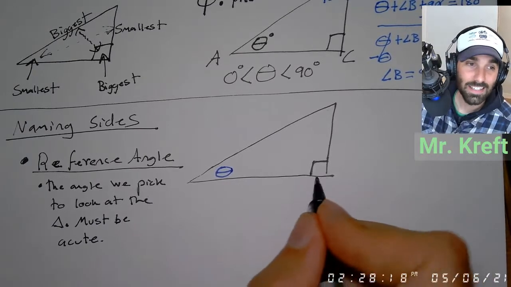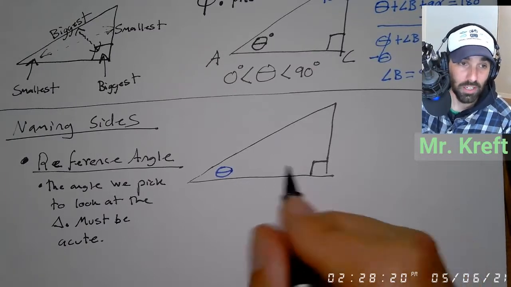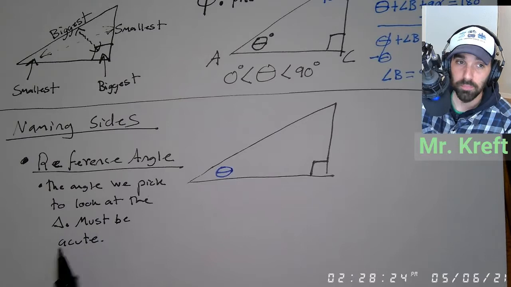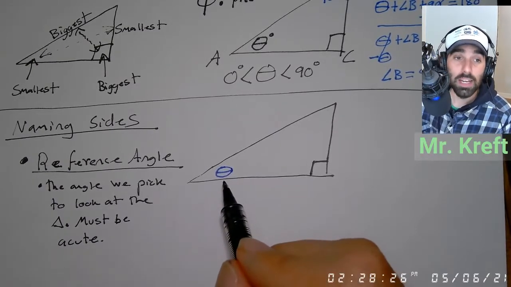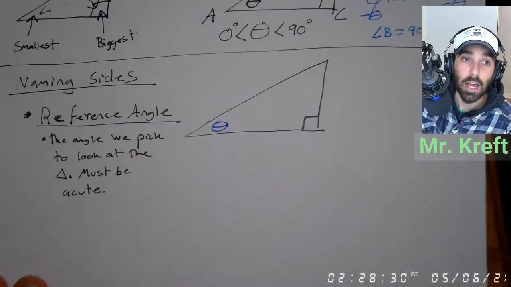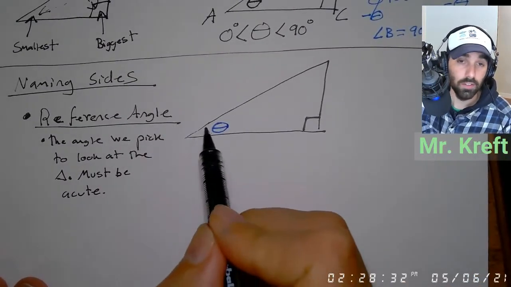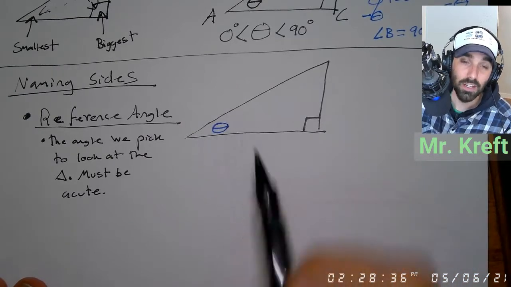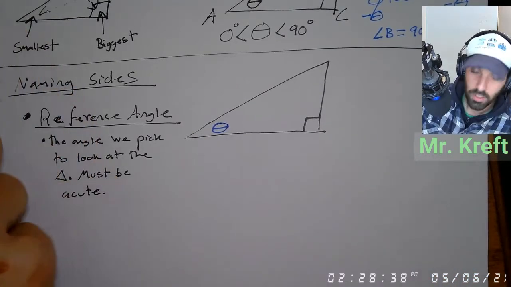So we're never going to pick the 90-degree angle as our reference angle. For us right now, the reference angle that we're picking is theta, that blue theta. This is our reference angle. We're going to look at this triangle from the eyes of that theta.